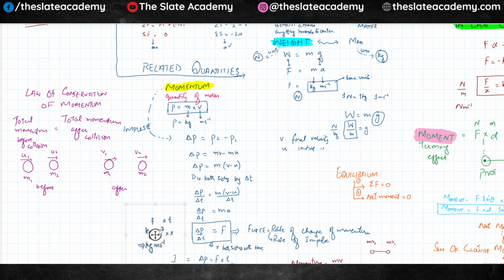That would be M1 U1 for the first body plus M2 U2 for the second body. So this is your total momentum before collision. This will be equal to total momentum after collision, which would be M1 V1 plus M2 V2.